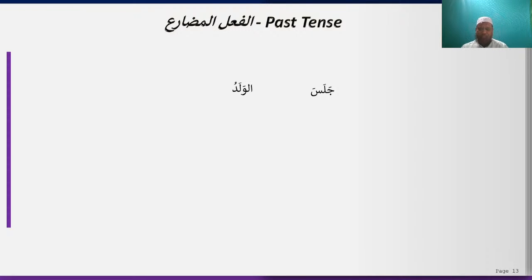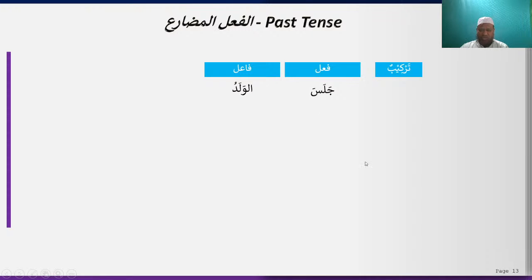What the boy sat. Does it make sense? So this جلس is الفعل اللازم. You don't need مفعول به, and you cannot have مفعول به for جلس. Our جملة is complete: جلس الولد. جلس فعل, الولد فاعل. That's all you need: فعل فاعل, a complete جملة.